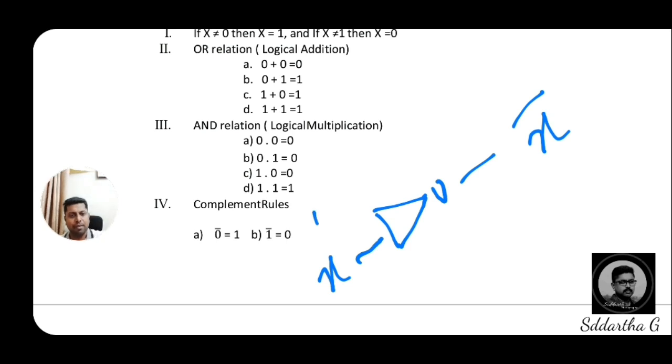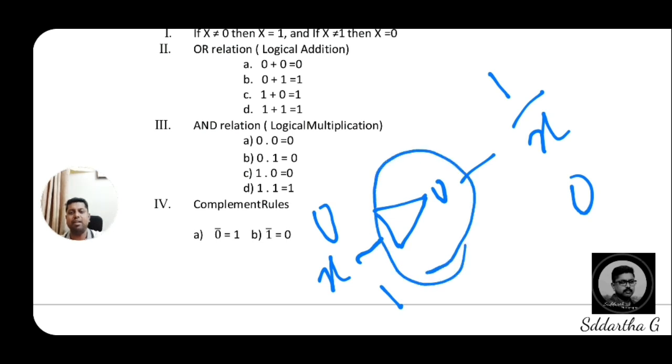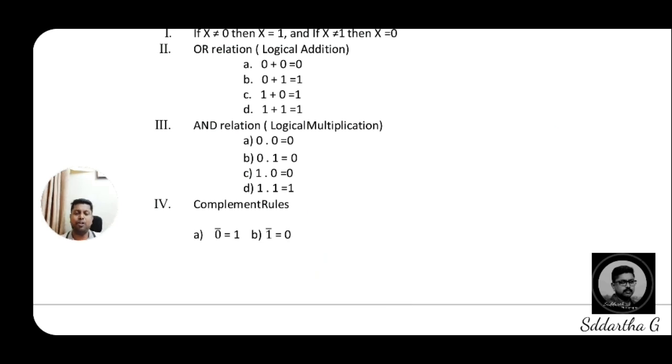If 0 is the input, 1 will be the output. If 1 is the input, 0 will be the output. Whatever input you give to this NOT gate, its value is complemented. That's why this gate is also called the inverter gate. So this is about the complement rules.